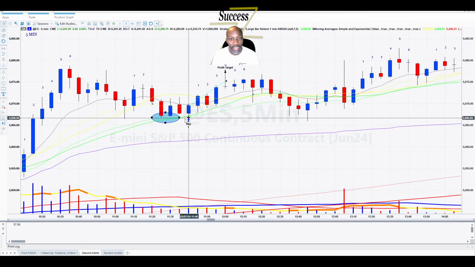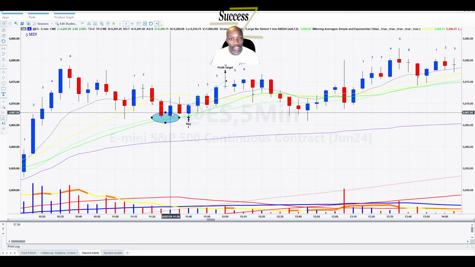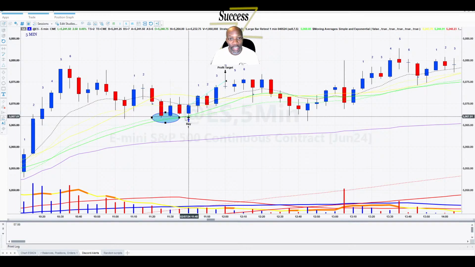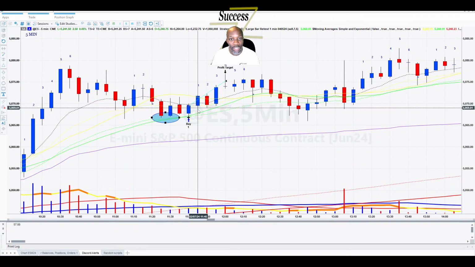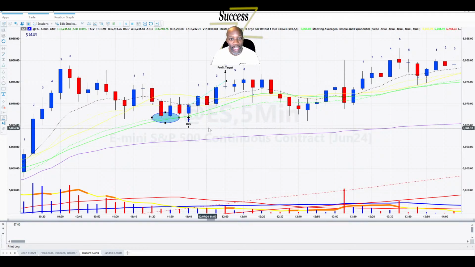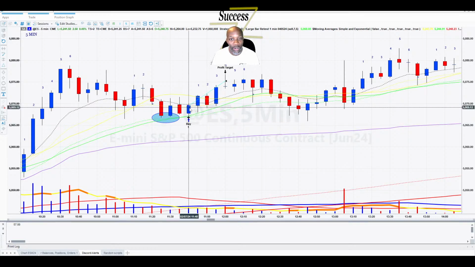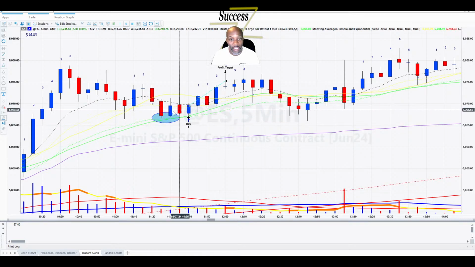If this bar then opens within that candle, and it's a bullish candle moving in the upward direction, and the high crosses over the 9-period moving average, then we can use that as an entry. So we're going to take the close of that as an entry.